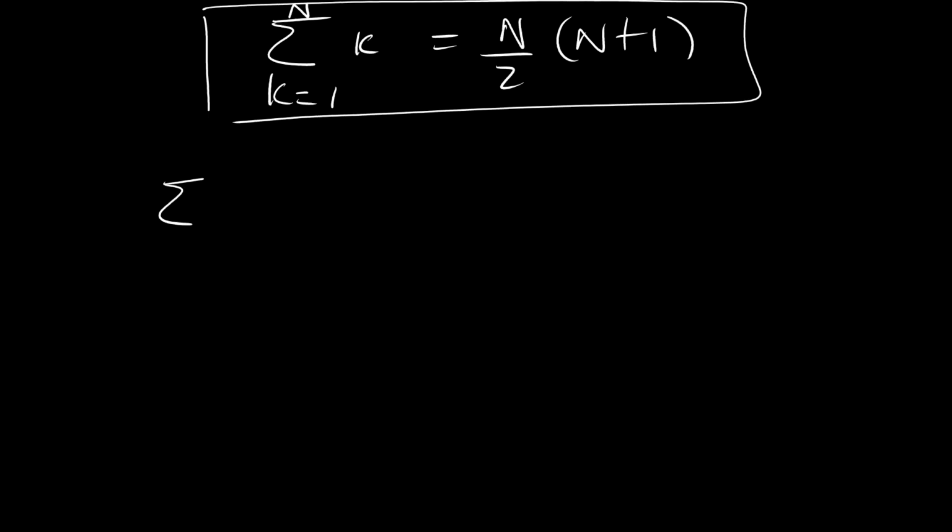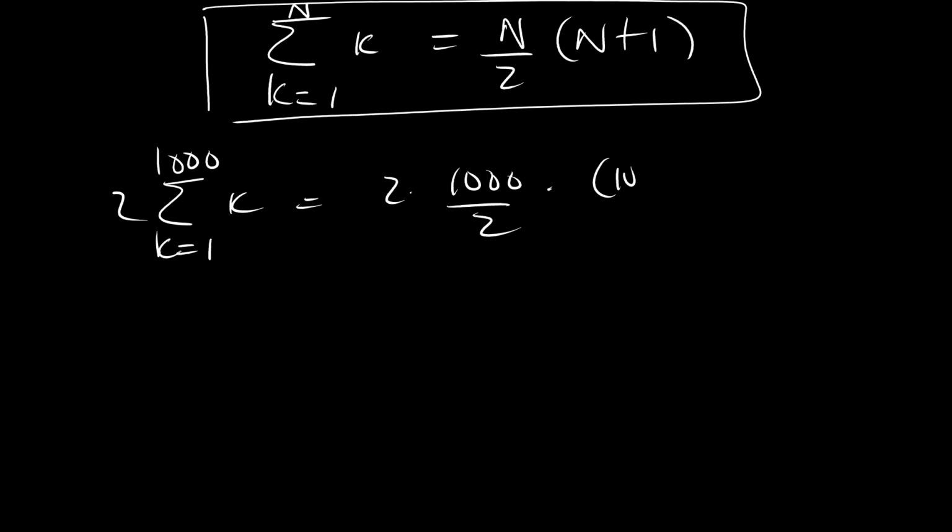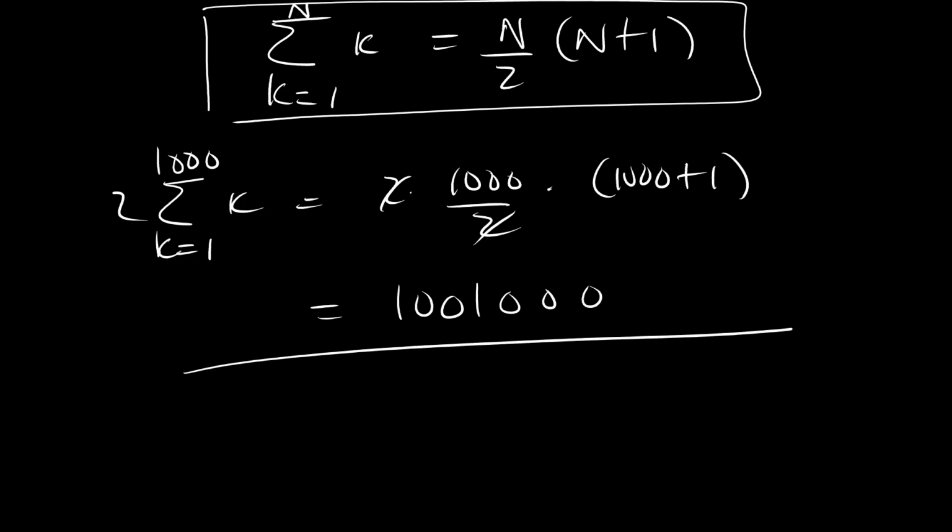Now our problem, which is twice the sum from k equals 1 to 1000 of k, is equal to twice 1000 divided by 2 times 1000 plus 1. And this cancels, so we have 1,001,000, and that is our answer.